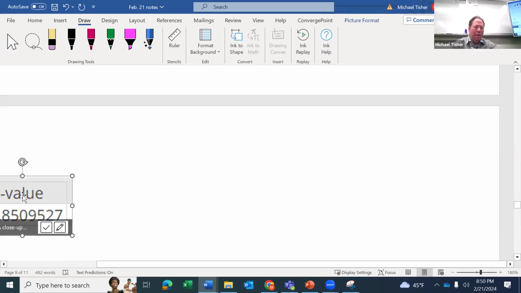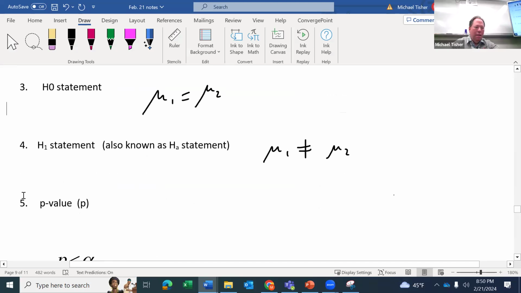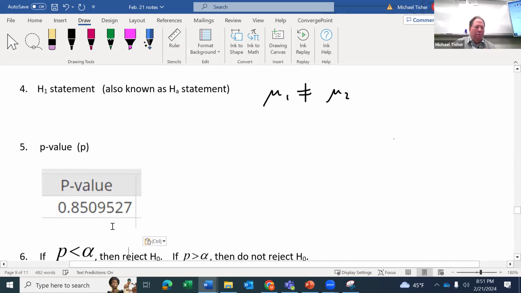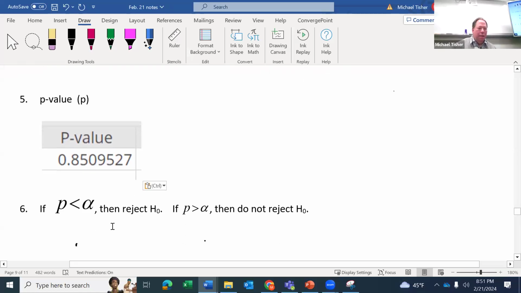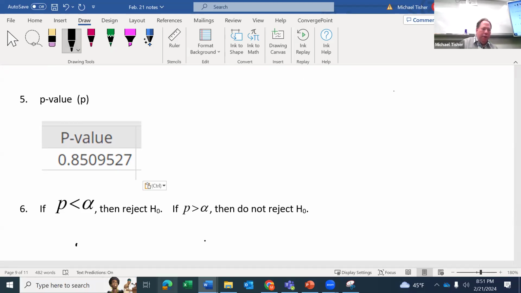All right, so yeah, so you got 0.85 something. And then less than or greater than. Greater than, yes. Much bigger than 0.05.